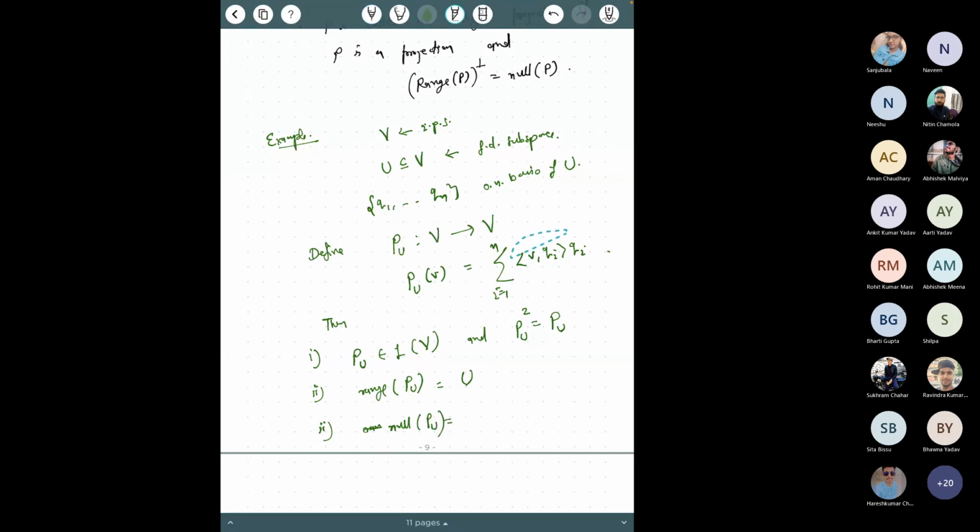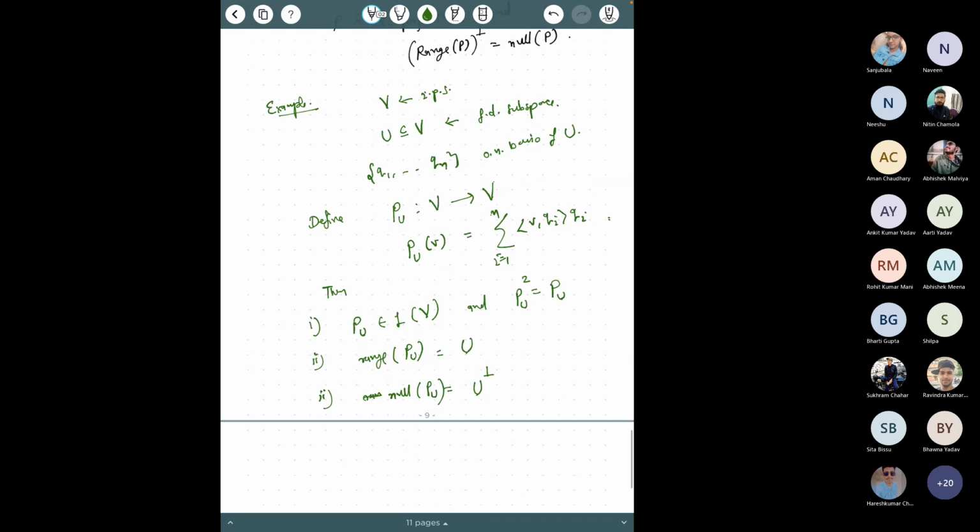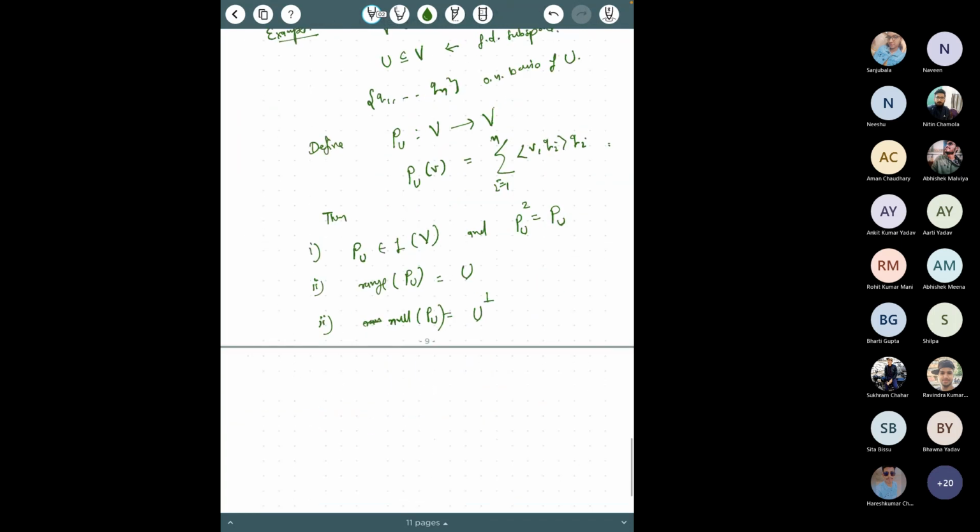If v is in the orthogonal complement of U, then the inner product of v with q_i would be 0, because q_i belongs to U. So in fact, the null space of P_U is U perp. Clearly, the range of P_U is orthogonal to the null space of P_U, and therefore this projection is an orthogonal projection.